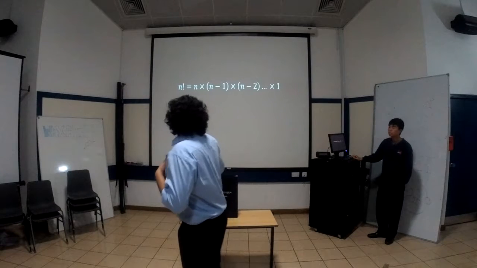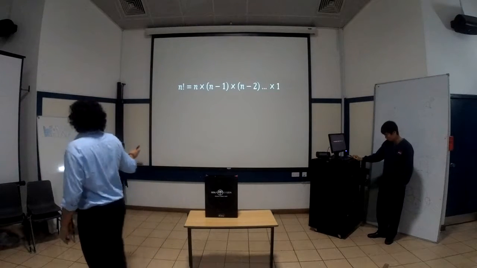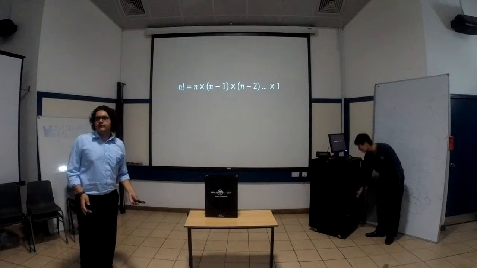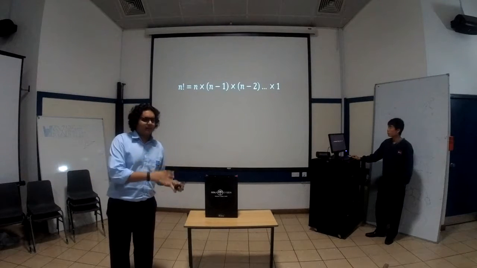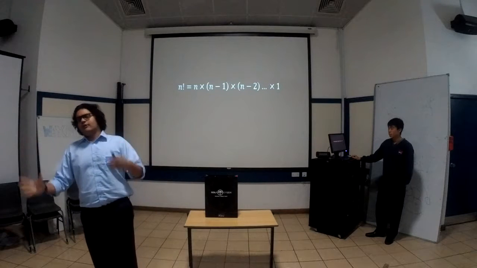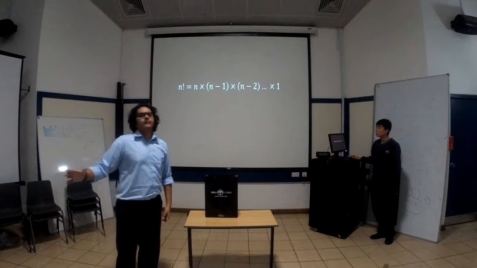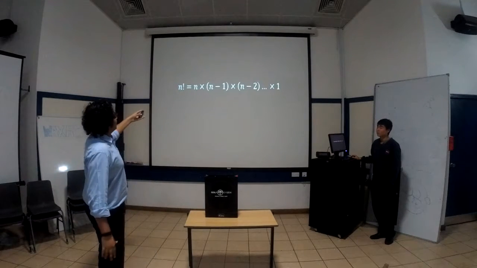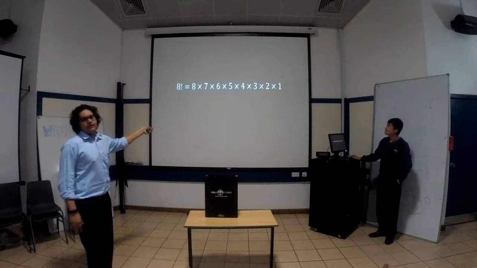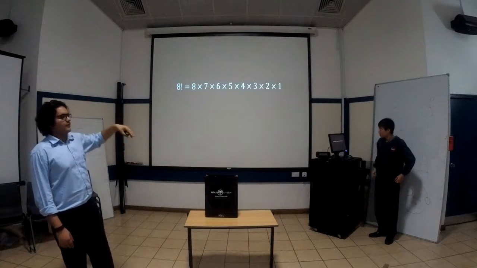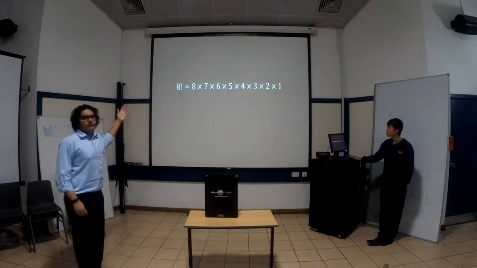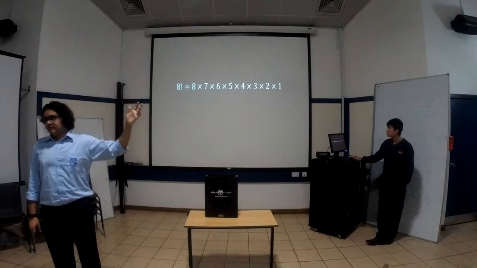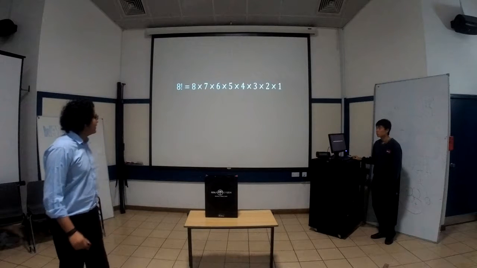Now, let's look at this function here, n factorial. We know the factorial function. We've seen it before. The factorial of a number is that number multiplied by the integer before it, all the way down to 1. So this definition of factorial, n times n minus 1 times n minus 2, and so on, all the way down to 1, is a perfectly valid definition. If we look at 8 factorial, it goes 8 times 7 times 6 times 5 times 4 times 3 times 2 times 1.